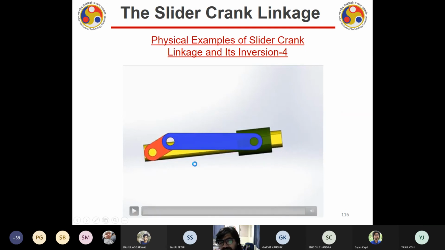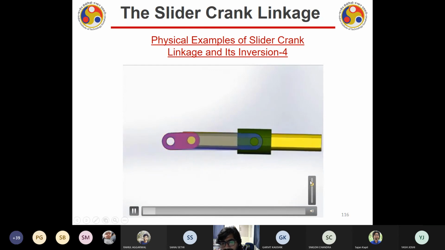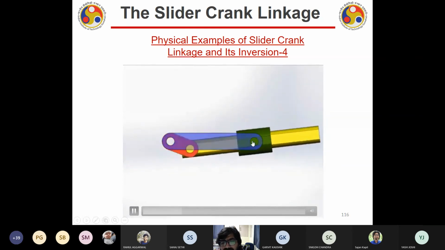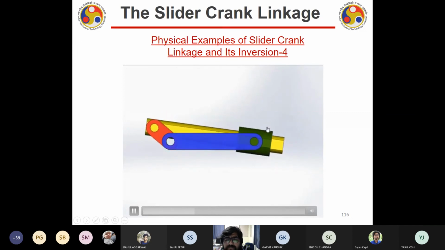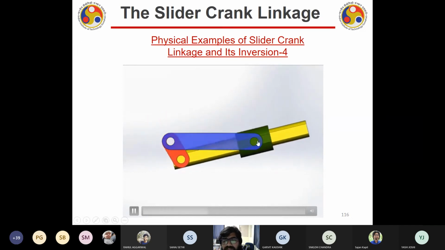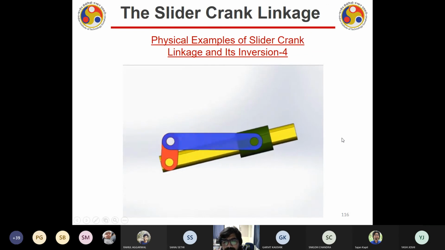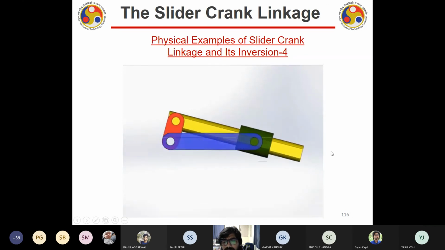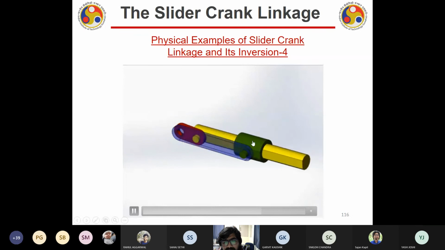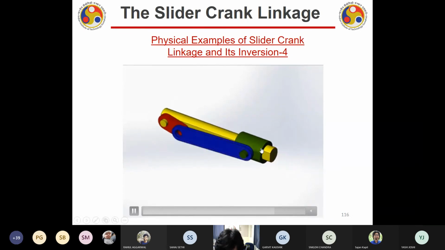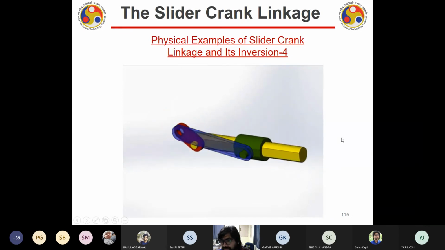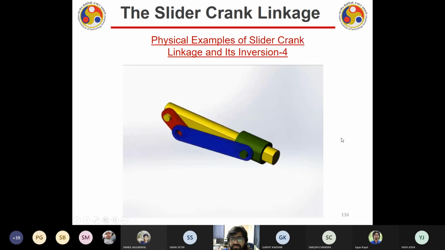In that case, the piston is attached with a rotary joint to the ground. This blue link is the ground. Isn't it true that the cylinder is oscillating in that case? So it's quite obvious. This is the fourth inversion.